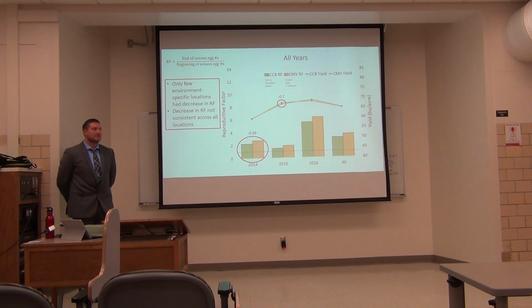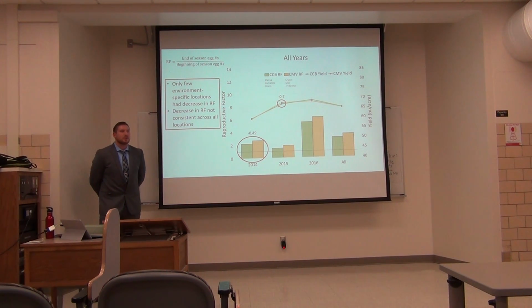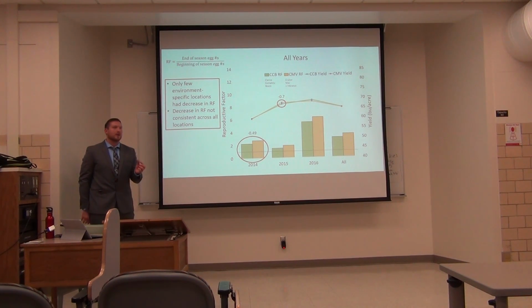So corn, a lot of the juveniles, why don't you talk about the juveniles going into corn roots? So the nematodes don't differentiate between what plant they're going into. They're just going to go into a plant root. They're going to try and find the inner part of that root and start feeding.